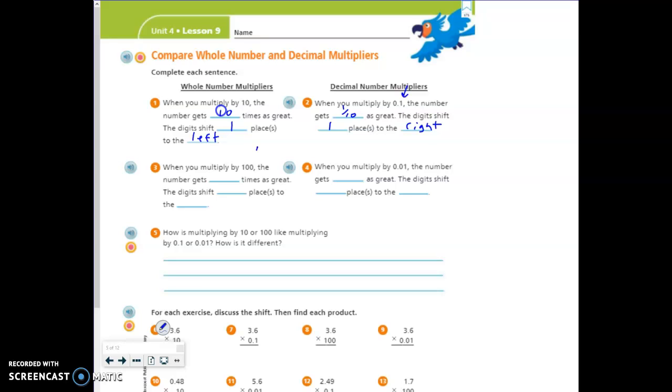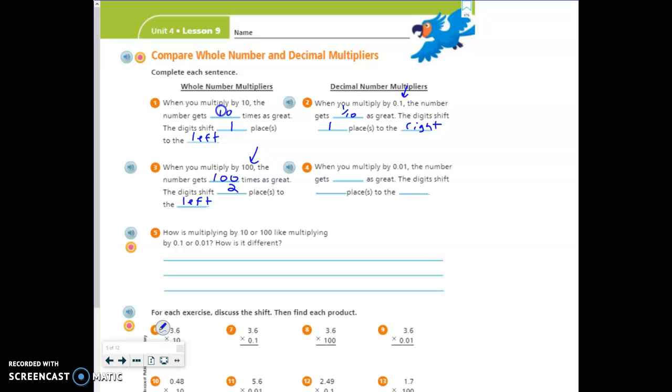Now we're multiplying by 100, and you can see that there are 2 zeros in 100, which means the number is going to get 100 times larger. Okay, 100 times greater. But in this place, we're going to move 2 place values because 100 has 2 zeros. So it's going to get 2 spots, 2 place values to the left, getting bigger again. We're multiplying by a number greater than 1.